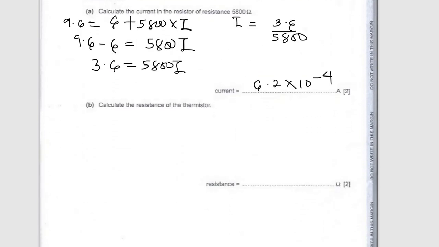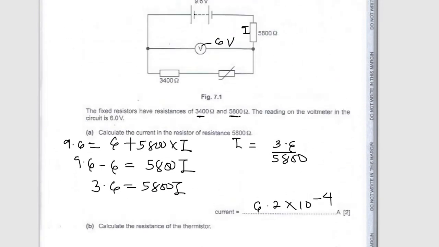Calculate the resistance of the thermistor. Okay, now this is the thermistor. Let me call it T, the resistance of the thermistor. This thermistor and this resistor are in parallel with this voltmeter.